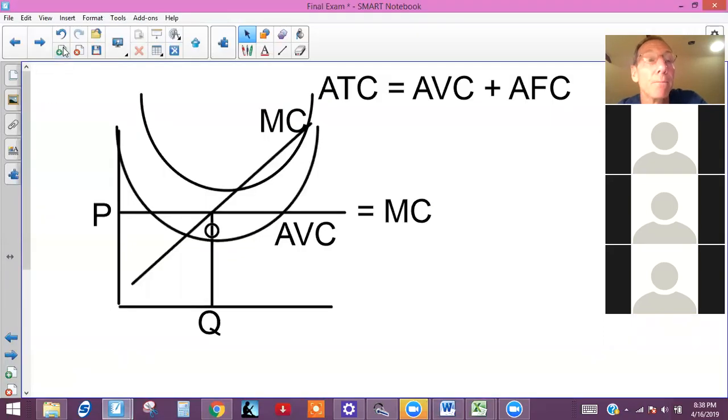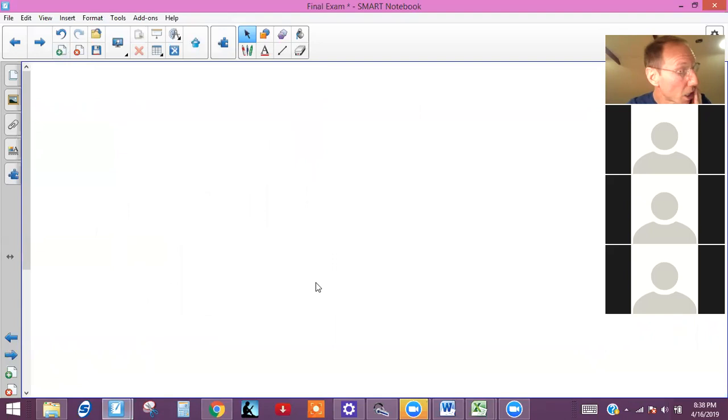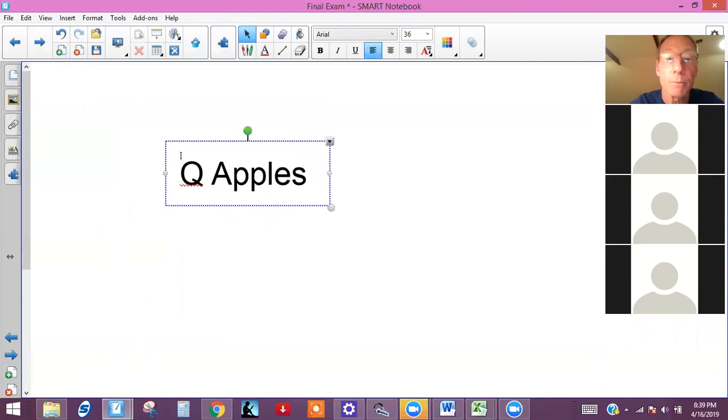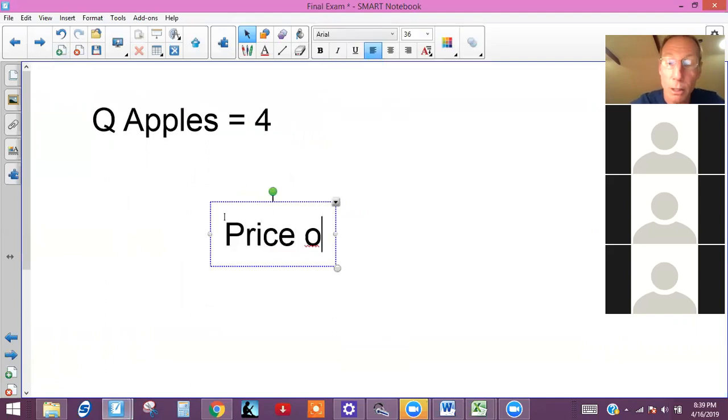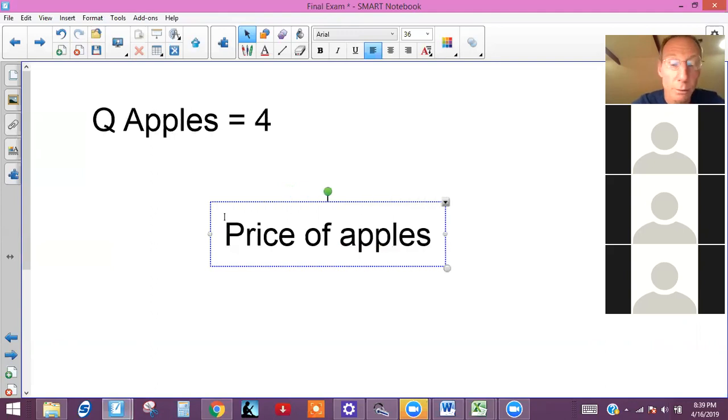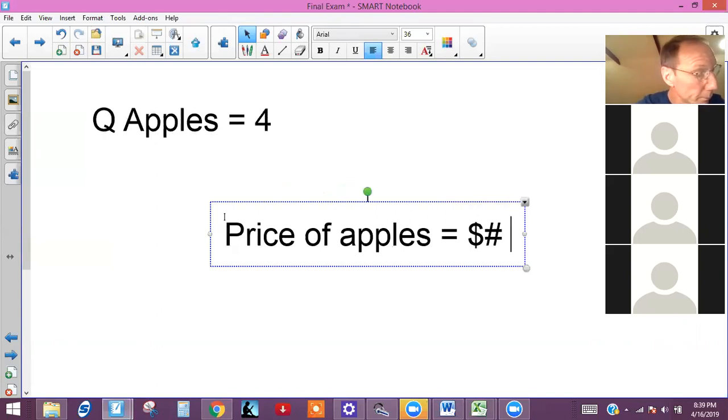If you had a quantity of apples equals 4, and let's say the price of apples equals $3, okay?